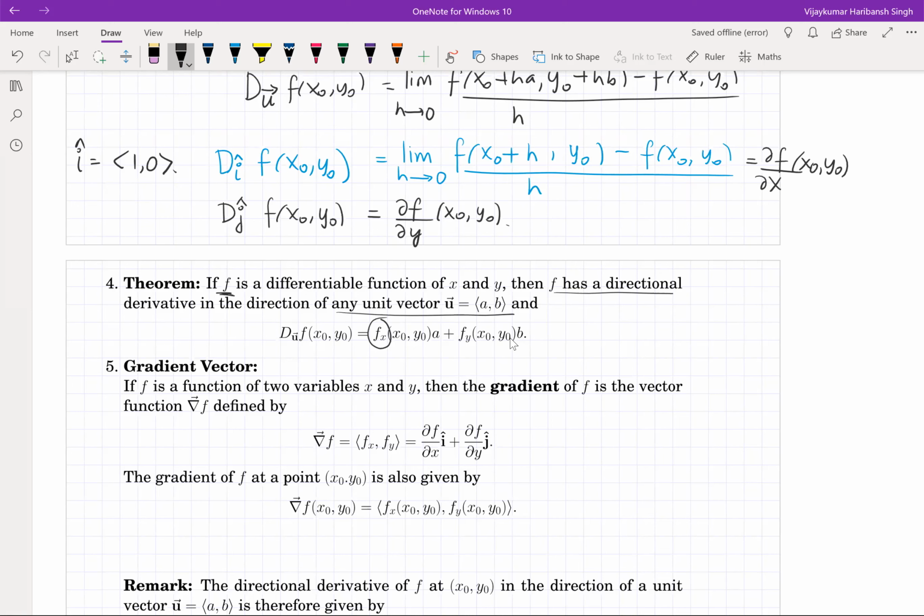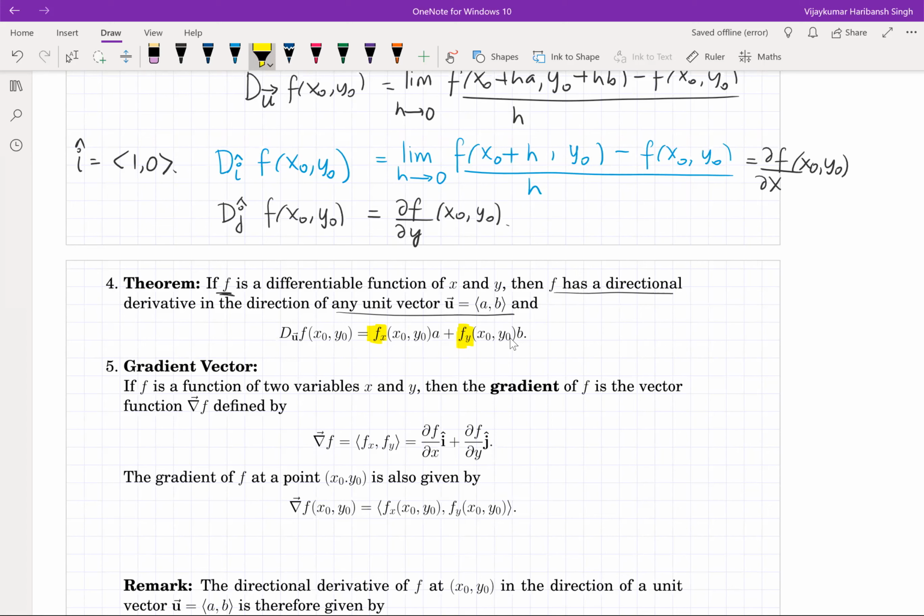It's interesting that we are back to computing the partial derivatives with respect to x and y. If we compute these two objects, we are good to go.